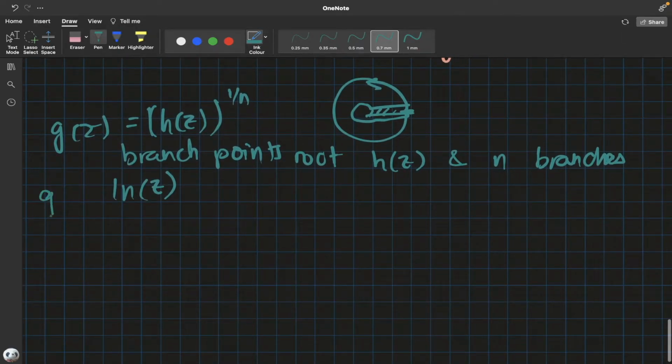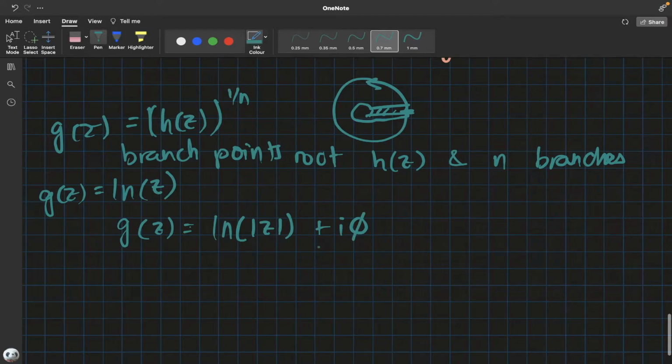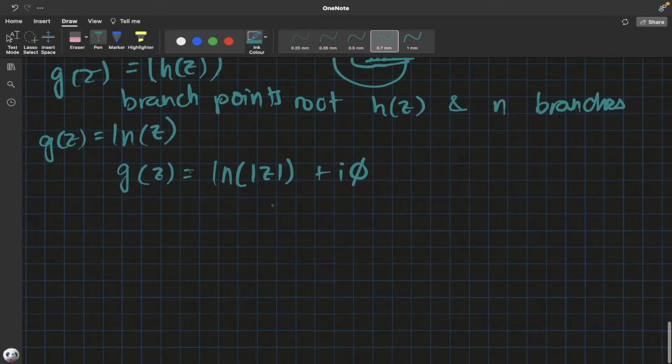Now the curious case of the natural log function is something like this. You polar decompose it, it's going to look like this. You have to add the phase because of the properties of the natural log. This is always positive. The branch point is at 0, so it's naturally paired up with infinity.